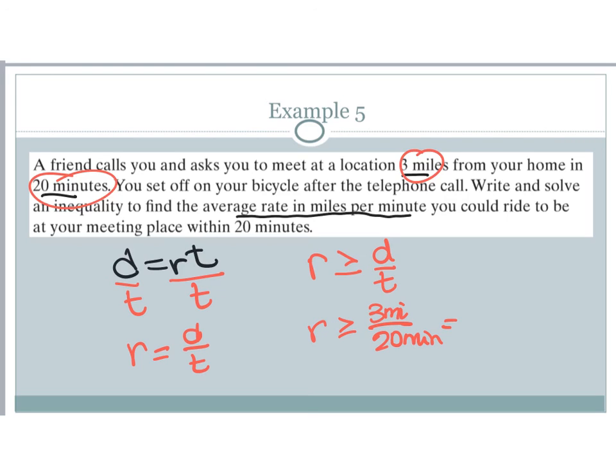So when I divide 3 miles by 20 minutes, I end up with a rate of 0.15, and my units are miles per minute. And that's exactly what it said I could have it be in right here. So we have to go a minimum of 0.15 miles per minute in order to make it on time. I can go faster, I just can't go slower than that.